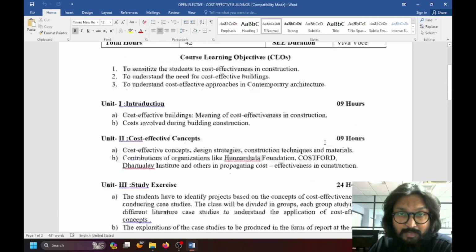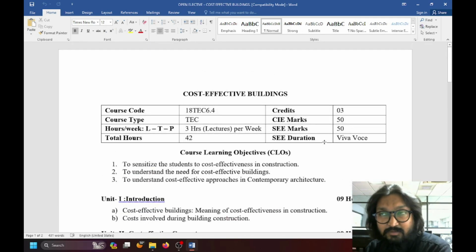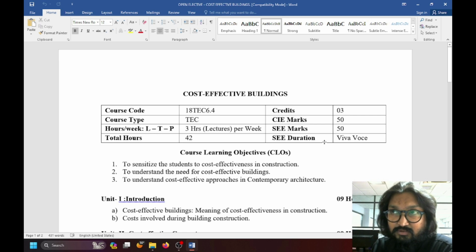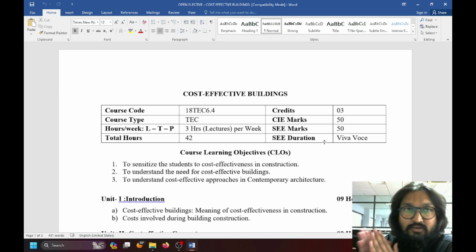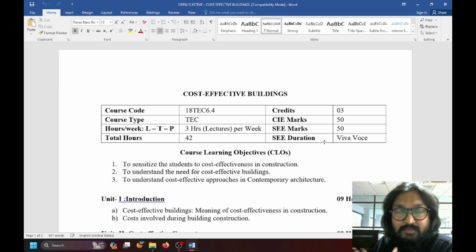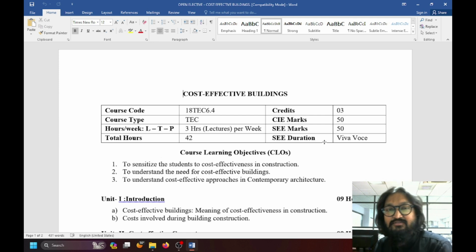Along with these topics, certain strategies which we talk about with respect to eco-friendly construction and sustainable construction shall also be explored under this topic, because cost effectiveness and making use of local materials, making use of energy efficient materials plays a very important role.